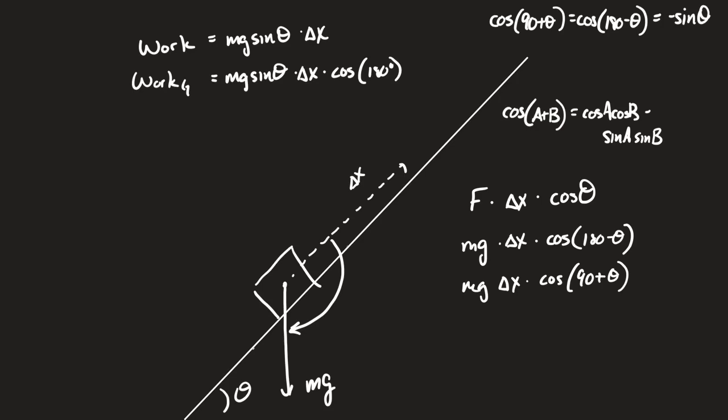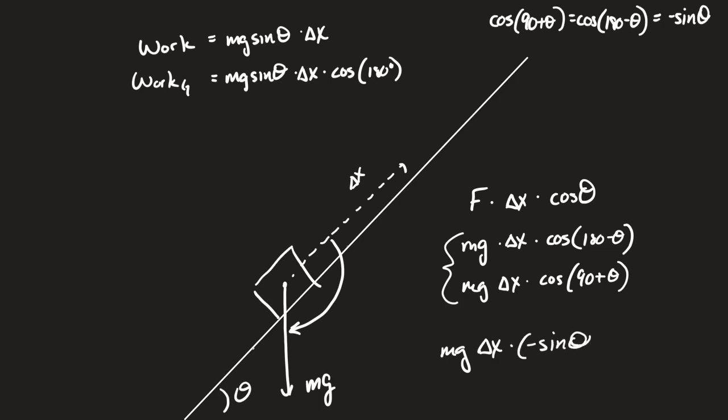And if you haven't learned it, look, this is why I didn't teach it yet. But all of that is true. And if you're really paying attention, you realize that means both of these are just mg times delta x times minus the sine of theta. Right? Same. You just get the same thing. Negative mg sine theta.